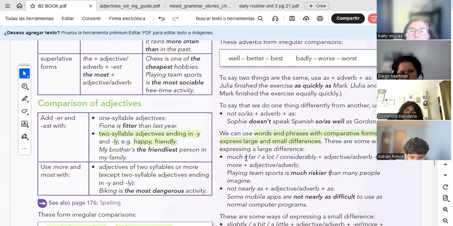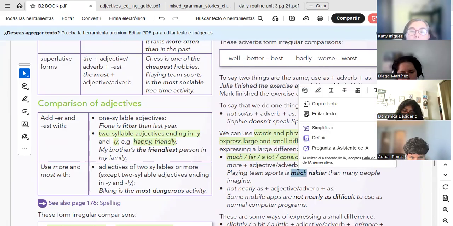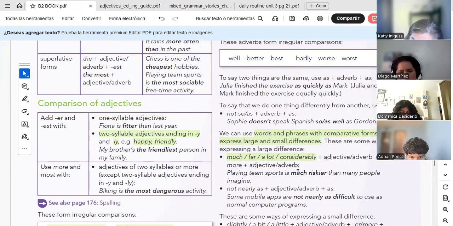Let's see. Much, far, a lot, considerably, plus the adjective or adverb plus -er, or more plus the adjective or adverb. So let's see the example. Playing team sports is much riskier than many people imagine. Es mucho más riesgoso. Marca la diferencia entre más o entre menos.